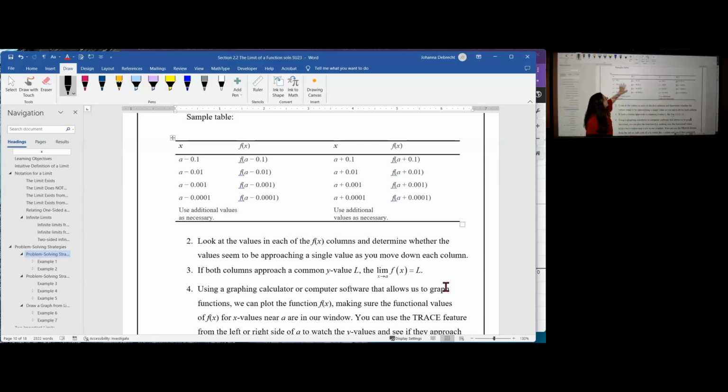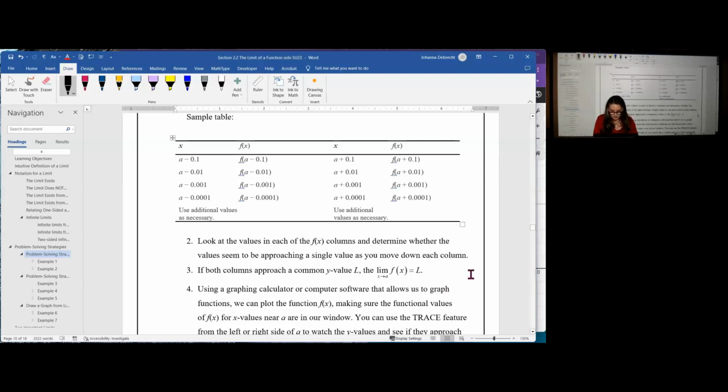Once we have our x values, we compute the function values on both sides of x equal a. And then we look at these values as they get closer and closer to the value of x equal a, and we look to see if they look like they're getting close to the same number. And then we guess what that number is going to be.